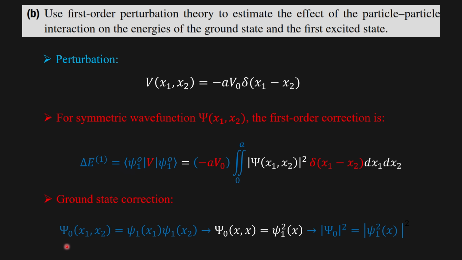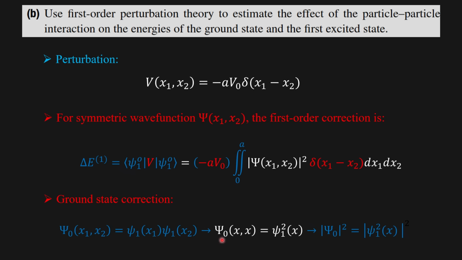That is, psi naught of x1, x2 can be written as psi 1 of x1 times psi 1 of x2, because x1 must be equal to x2. The delta function makes this integral non-zero only when x1 is equal to x2, which is equal to x.